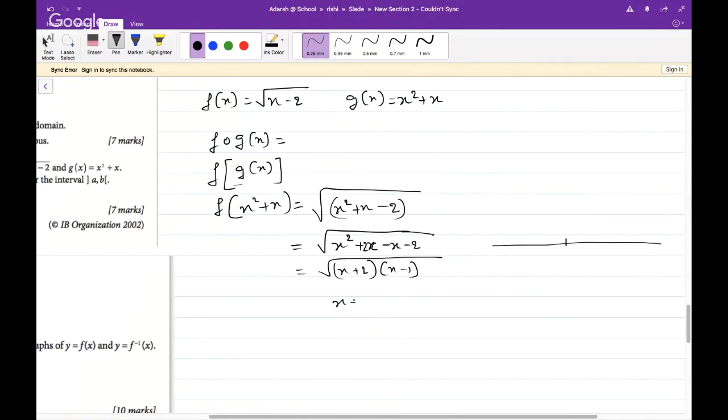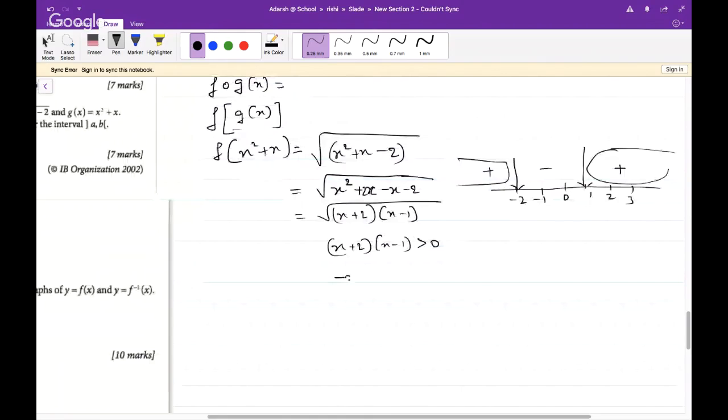So x plus 2 into x minus 1 should be greater than 0. So how do we make that? Mark the points 0, 1, 2, 3, minus 1, minus 2. From this you get x equal to minus 2, and from this you get x equal to 1. Mark that here. From this side you write plus, minus, and plus. Where it is positive, that region is required. Where it is negative, that is not required. So from negative infinity to minus 2 is the required region.